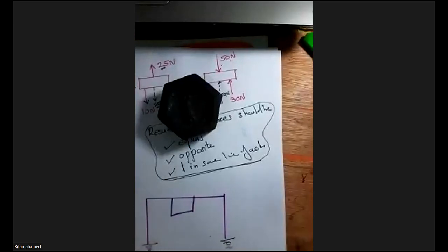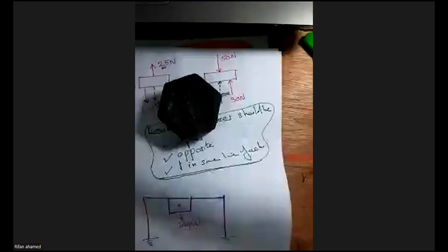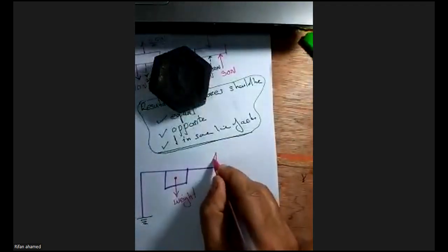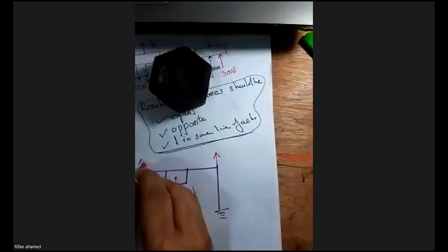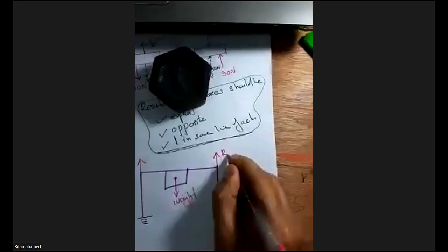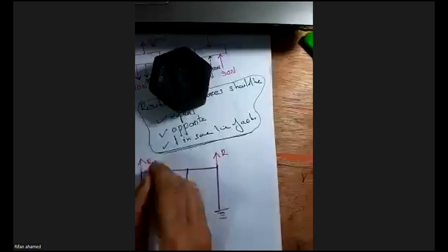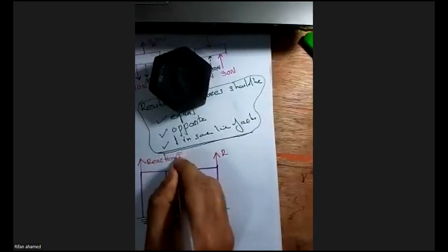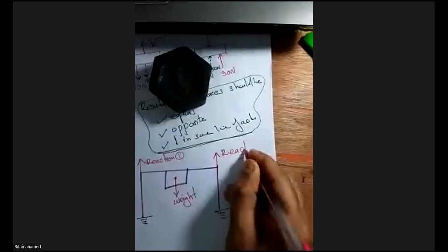Now, this cloth's weight will be working in the downward direction. In these poles, there will be two reactions. This is reaction 1, this is reaction 2.